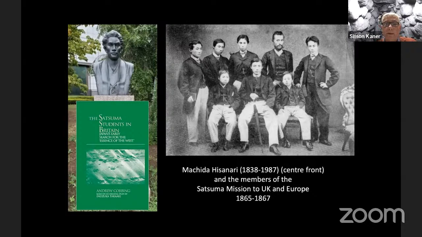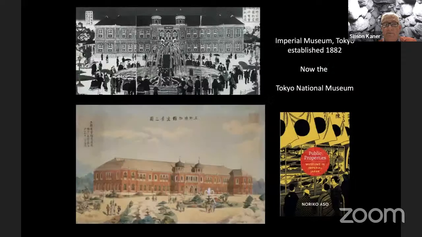Machida is a very interesting figure because we know that he visited the British Museum when he came to London, and on his return to Japan, he was instrumental in setting up the first legislation to protect antiquities and ancient sites in Japan.